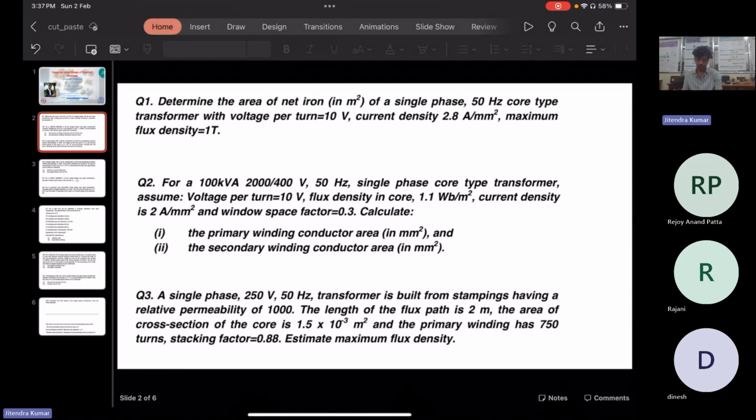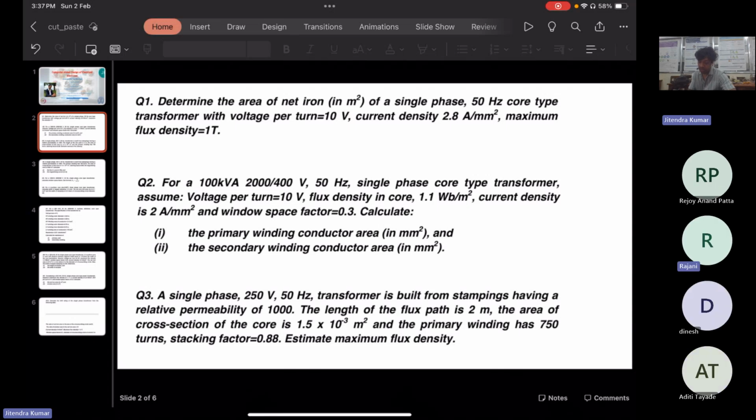So see the second problem. For a 100 kVA, 2000 divided by 400 volt, these are the turns ratio basically, 50 hertz, single phase core type transformer, assume voltage per turn is equal to 10 volt. Flux density in core is given as 1.1 Weber per meter square, current density is 2 ampere per mm square, and window space factor is equal to 0.3.